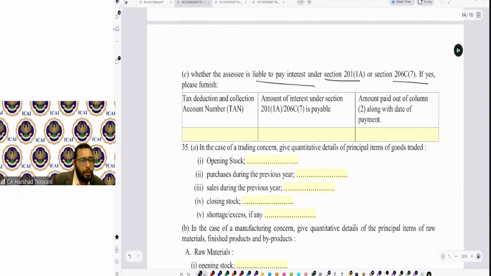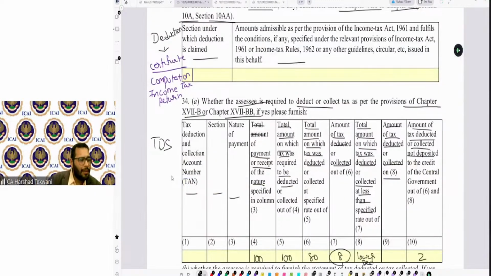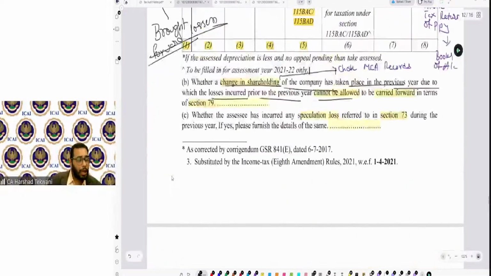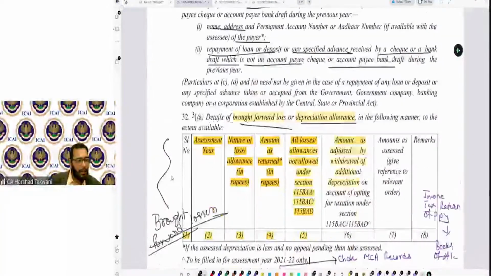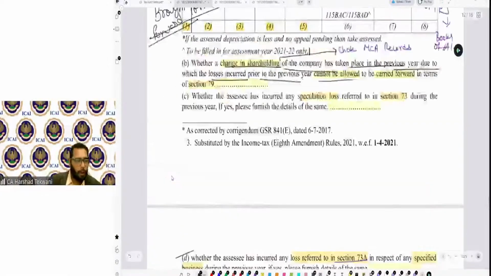So interest on delayed payment. So 34 is basically about TDS and TCS, whereas 33 was about deductions and 32 was brought forward losses.